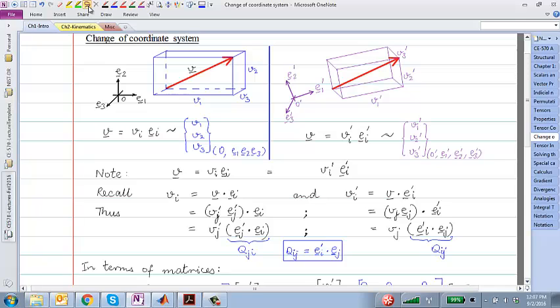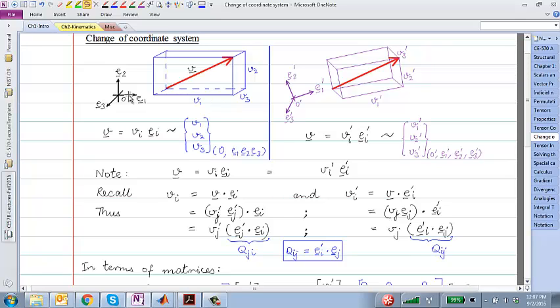It would basically be the dot product of, for example, E1 prime with E1. I have these two sets of basis vectors. I have one E1, E2, E3. I have another E1 prime, E2 prime, E3 prime, and they are oriented in different directions.